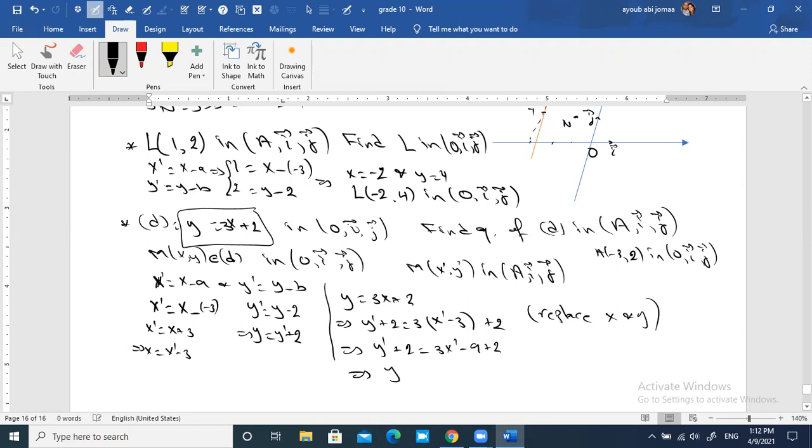Then y prime is equal to 3x prime minus 9 plus 2 minus 2. So here is the equation of line D of equation y prime is equal to 3x prime minus 9 in the system AIJ.